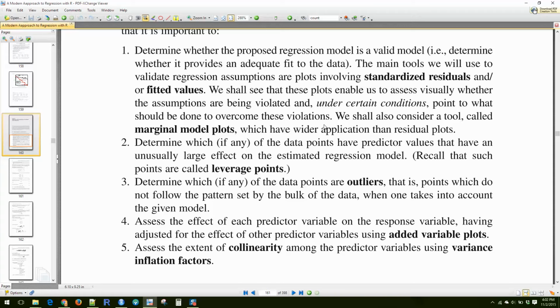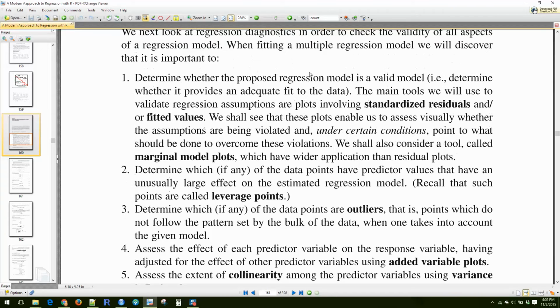In multiple linear regression, the same types of concepts hold, although there are a few key differences. One of the big tools we use, just like in simple linear regression, is standardized residuals. So you fit your multiple linear model and plot the standardized residuals, okay?